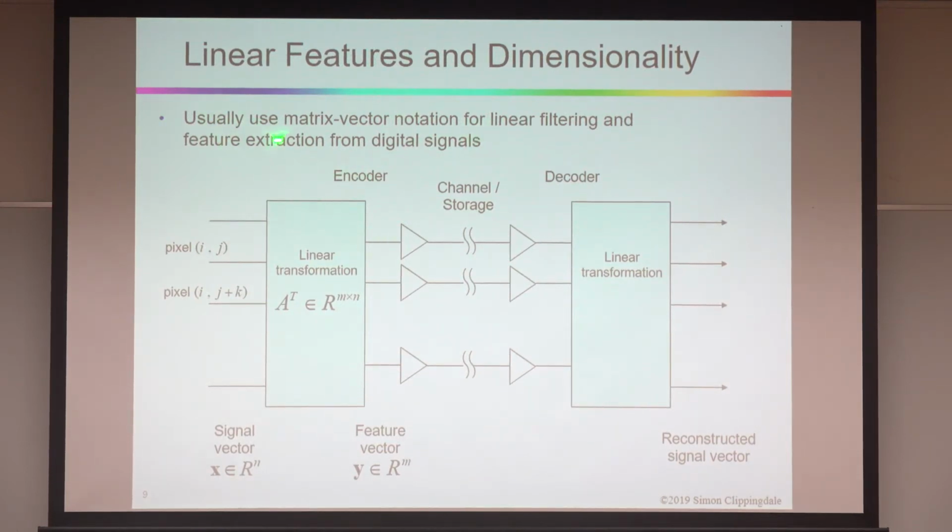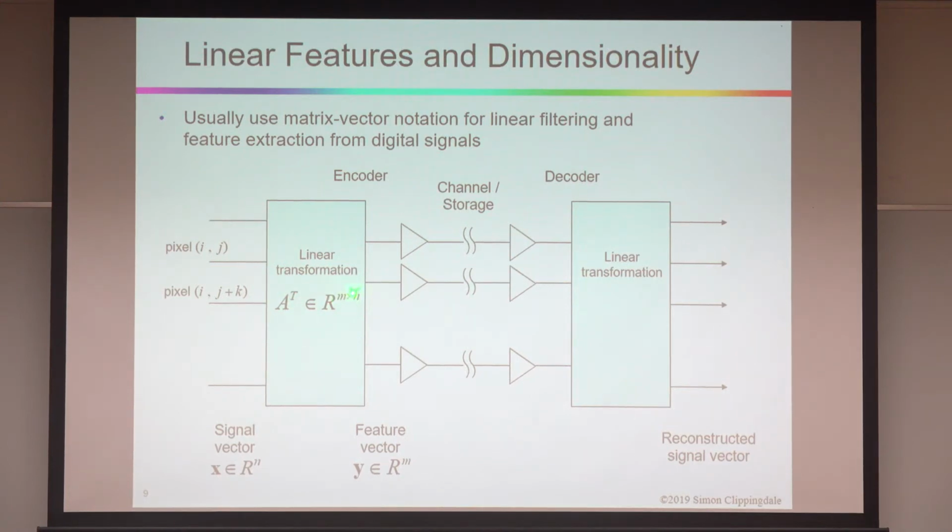Normally we use matrix vector notation, so we don't have to write sums or integrals everywhere. So in this case, here's our image pixels stacked up into one big n-dimensional vector over here. R^n is an n-dimensional real vector space. And this here is a matrix transformation. The matrix is A. We tend to use the transpose here for various reasons.